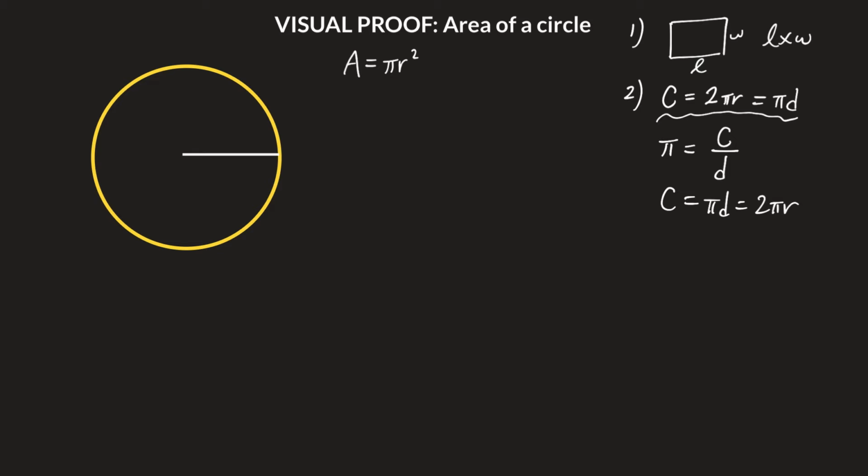Now the first thing I'm going to do is to divide this circle into pizza slices. So let's do that. Let's slice it this way too. Let's slice it this way. Whoops, let's redo that slice.